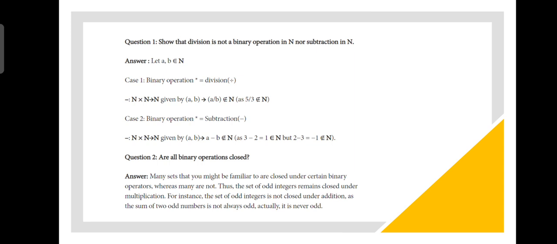For example, if we take the set of odd integers and we take the binary operation as addition, we know that if we add two odd integers, then the resultant is never odd, so the resultant will never belong to that set of odd integers. Therefore, all binary operations are not closed.